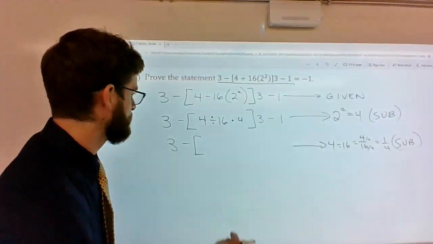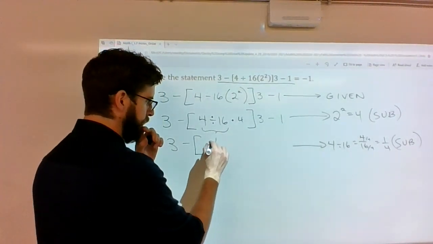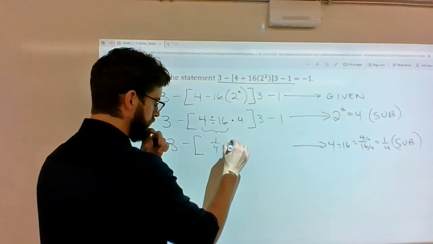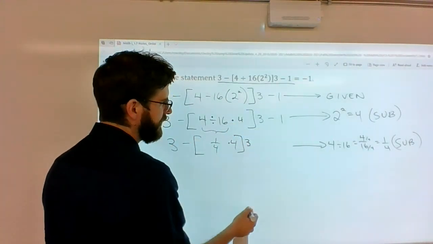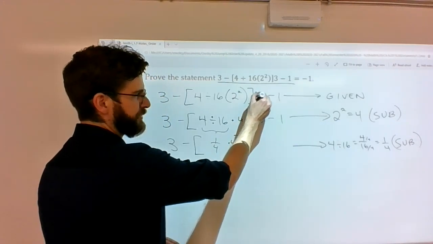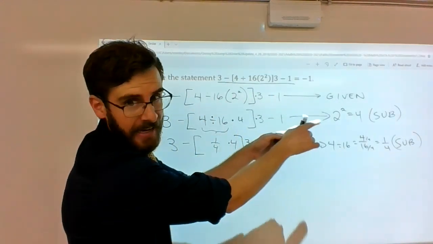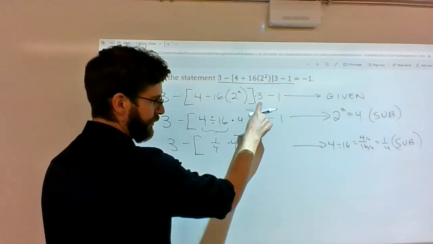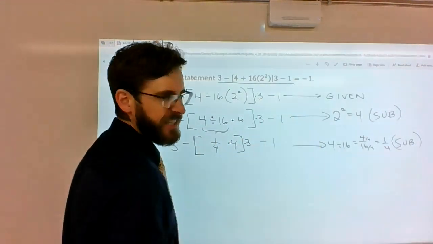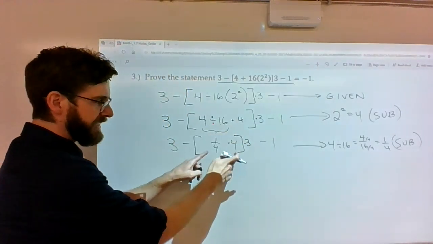So I replace this with a 4th, still times 4. Still in the brackets, and there's a 3 just hanging out right here. We probably should establish that this is multiplication, even if there's no operation stated in between the bracket and the 3. That's multiplication. Anyway, back to inside the brackets.